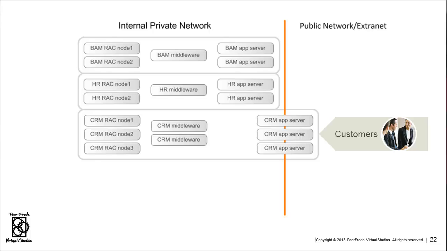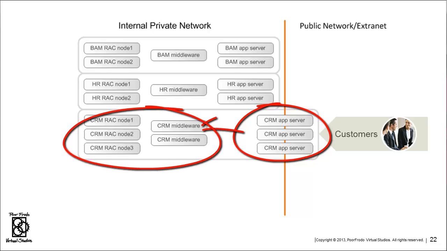Here is my CRM, Customer Relationship Management. It has 3 RAC nodes, a couple of middleware virtual machines, and 3 app servers. And notice these app servers actually straddle the 2 different networks, so it's pretty typical. They need to be able to communicate on the internal network to communicate with the middleware, have access to the data store, and give developers, systems administrators, and DBAs the ability to access the servers.